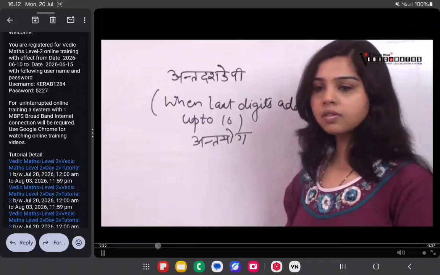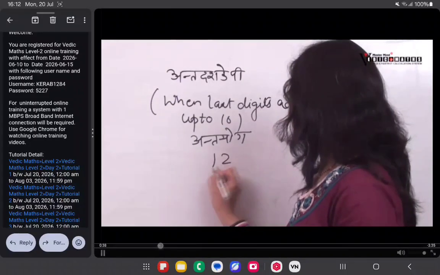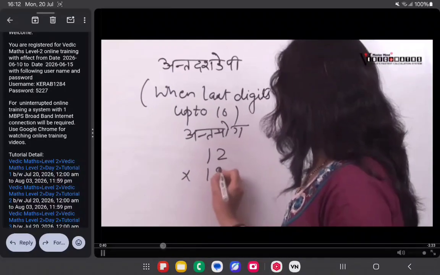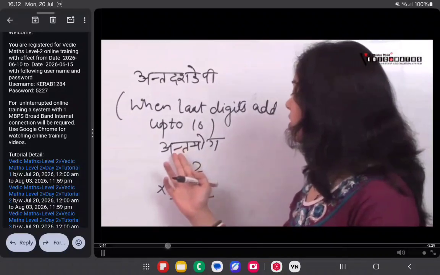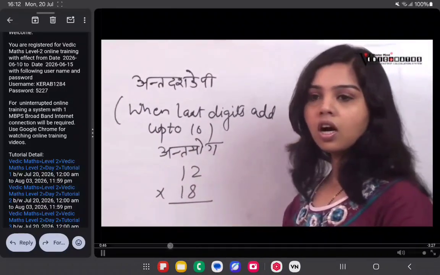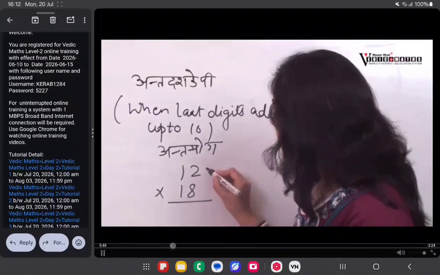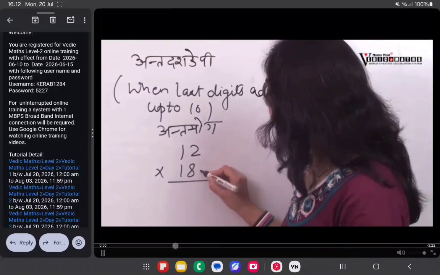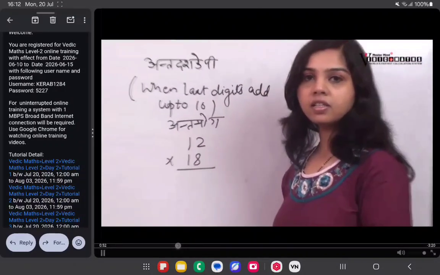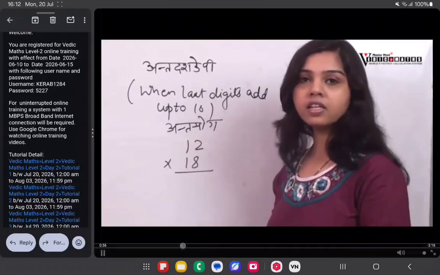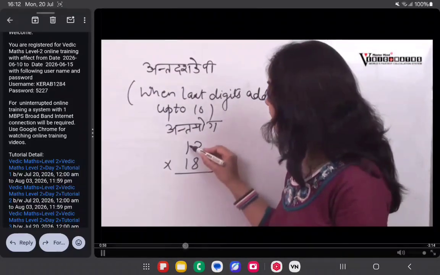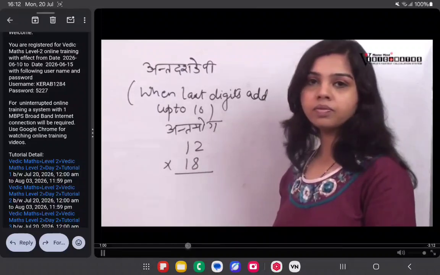Let's take an example. 12 into 18. Our process is Antyog, that means the sum of the digits at unit place is 10. We can see 2 plus 8 is 10 and digits at tens place are equal.